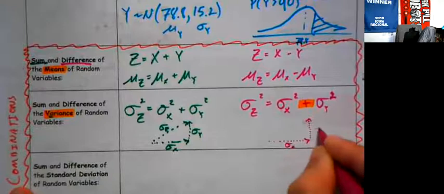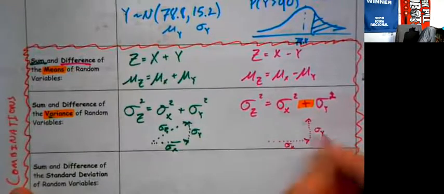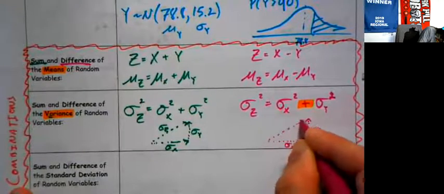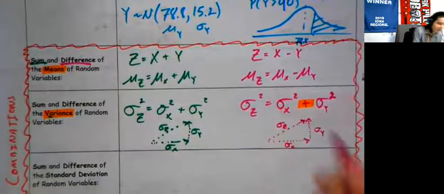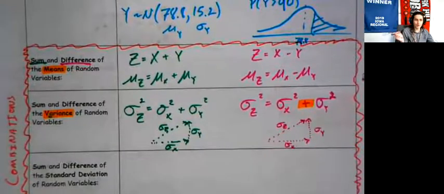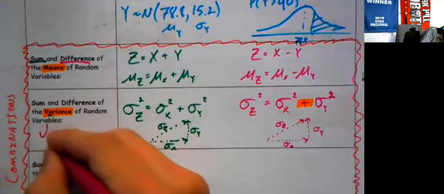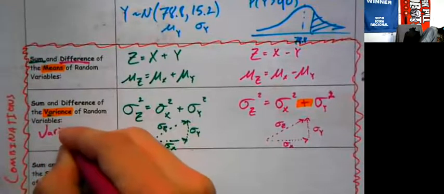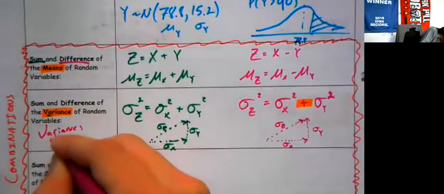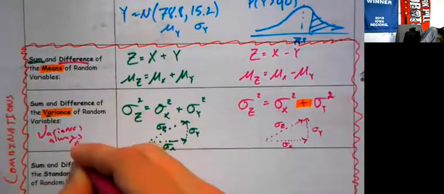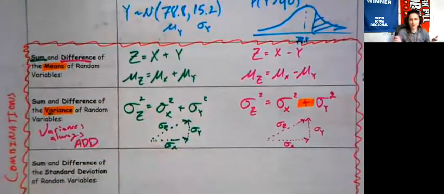Sigma x, sigma y, sigma z. One thing that you might write down is that uncertainty always adds. Variances always add. We're never going to subtract variances. If there's uncertainty in one thing and uncertainty in another thing, we don't somehow get less uncertainty in the total of those things.